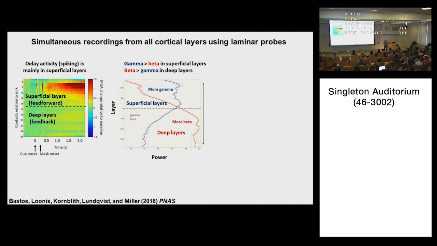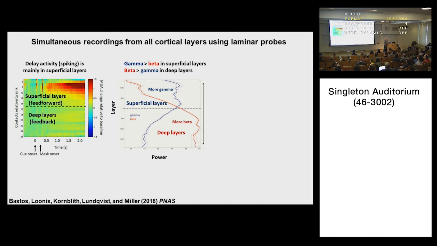Now again, this makes sense because if gamma is associated with encoding bottom-up information in working memory and its maintenance, gamma should be in the superficial feed-forward layers of cortex, because that's where bottom-up information is carried. And likewise, if beta is carrying top-down information from the front of the brain to the back of the brain, it should be in the deep layers, in the feedback layers of cortex, and that's indeed where we see more beta.